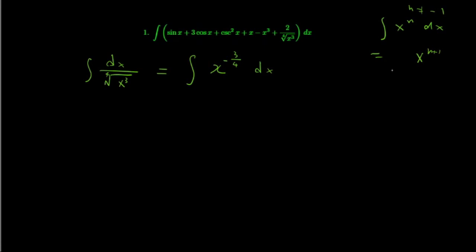And then the coefficient, the number before the function, is 1 over n plus 1. The indefinite integral of that is equal to this function and then plus c. For any indefinite integral, there's an arbitrary constant c involved. It's always the case.